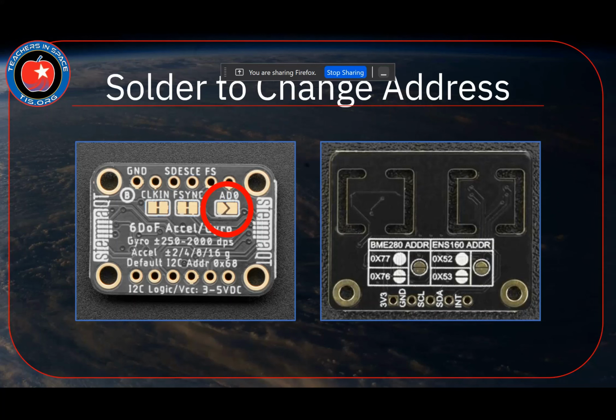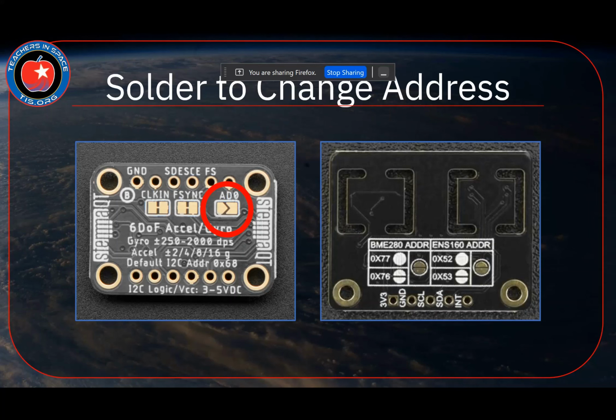So I had 0x67 originally, but then my SD card was also using 67. So by soldering these pads together on the back of the gyro, it changed it from 67 to 68, and now they no longer conflict.